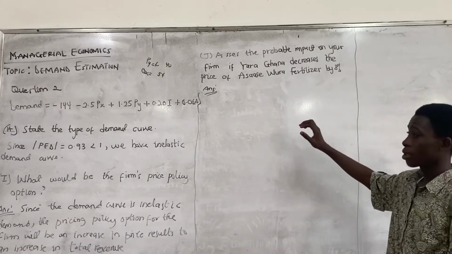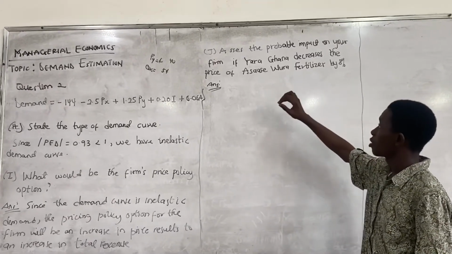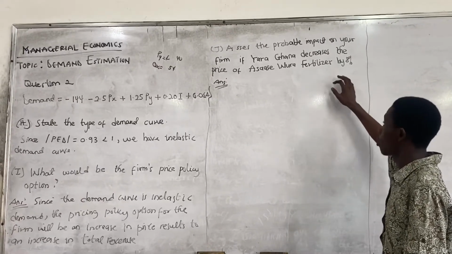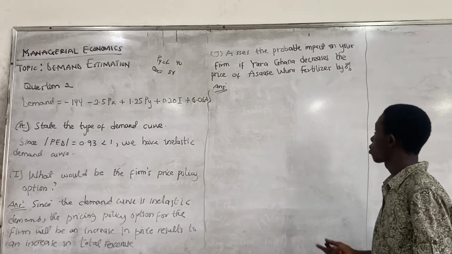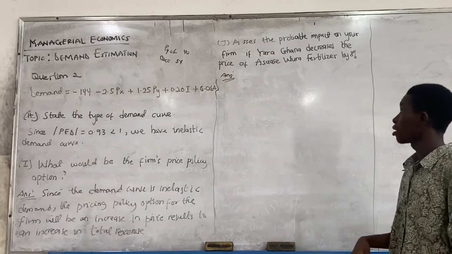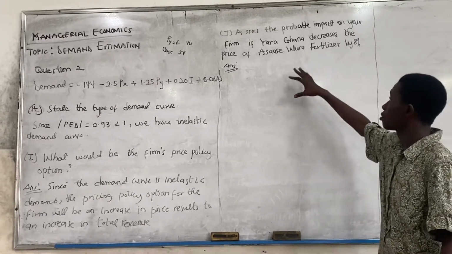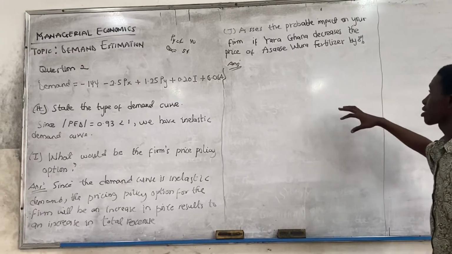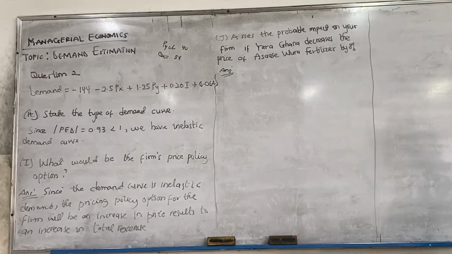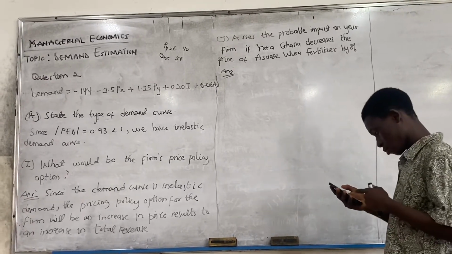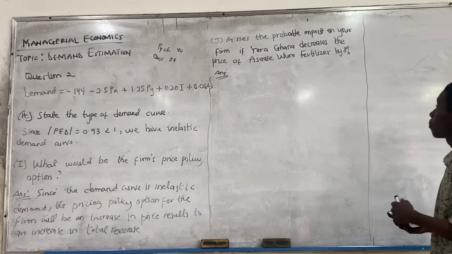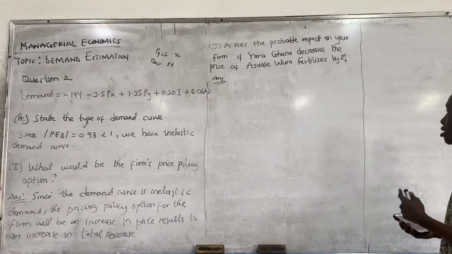Okay, so with the J: assess the probable impact on your firm if Yara Ghana decreases the price of Asasura fertilizer by 8%. Here we are trying to compare Asasura and bedrock fertilizer.